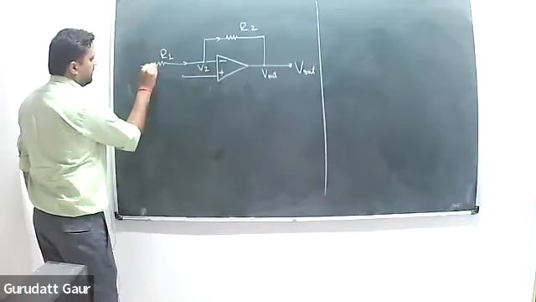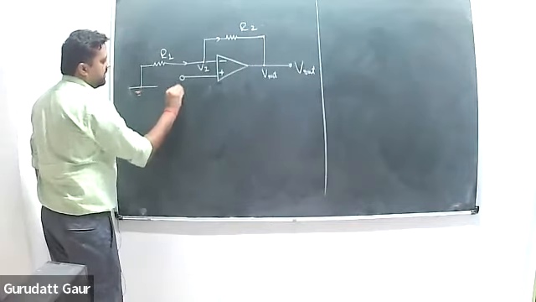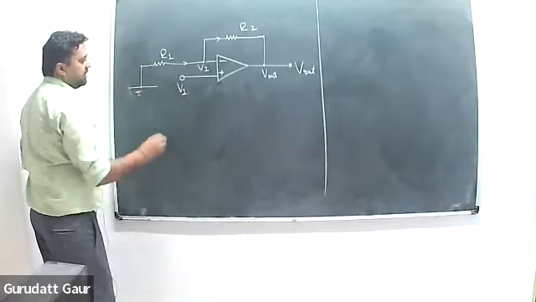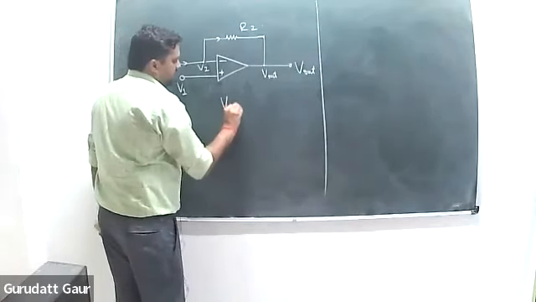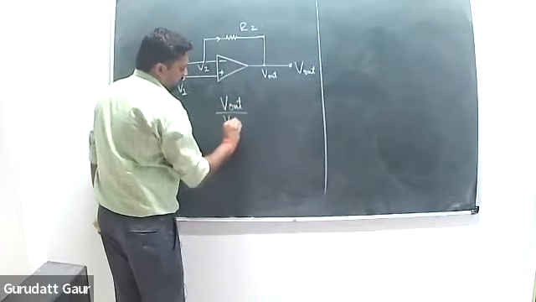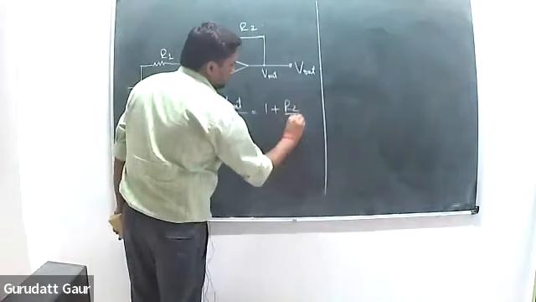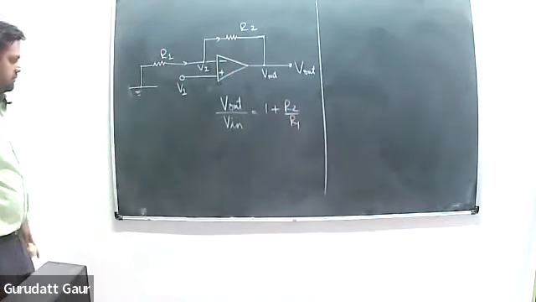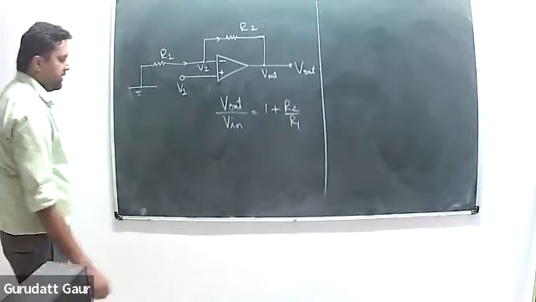This will now be grounded, and this is your V1, the AC signal. If you do the same calculation, your V out by V in will now be positive because they will be in the same phase. This will come out to be this.